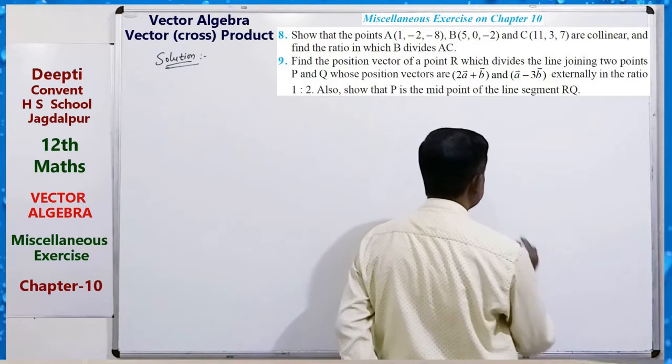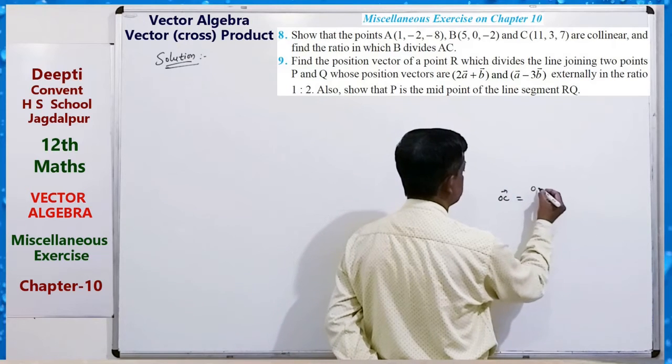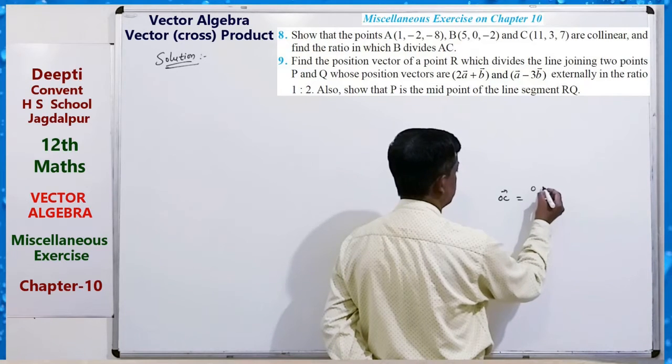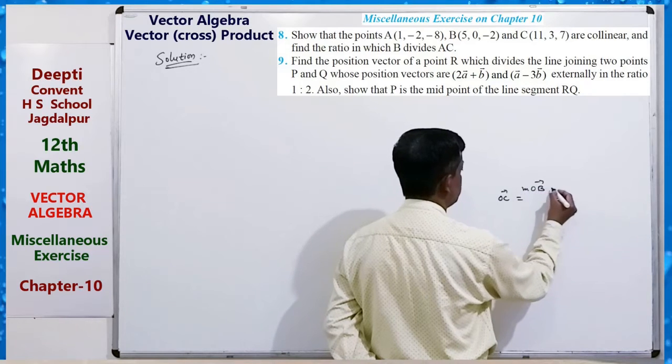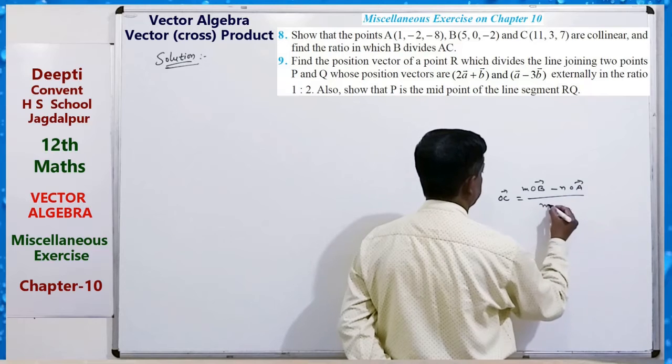That means OC equals (m OB minus n OA) upon (m minus n).